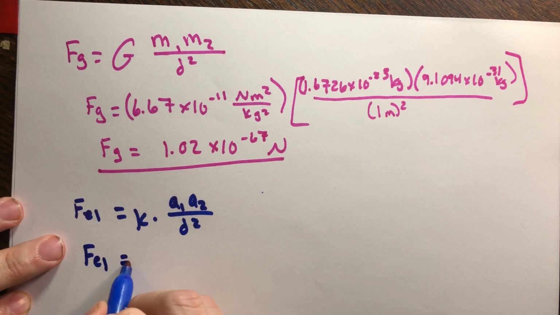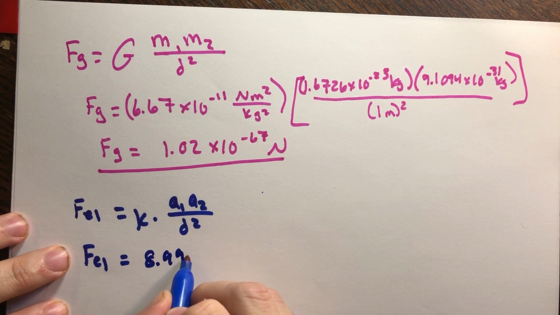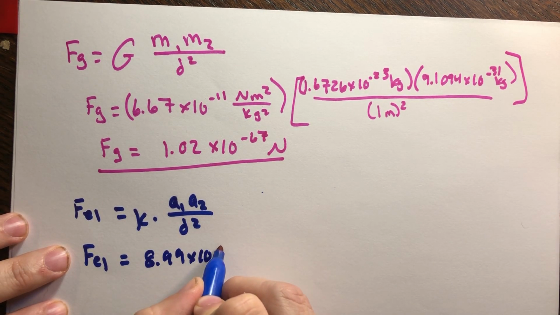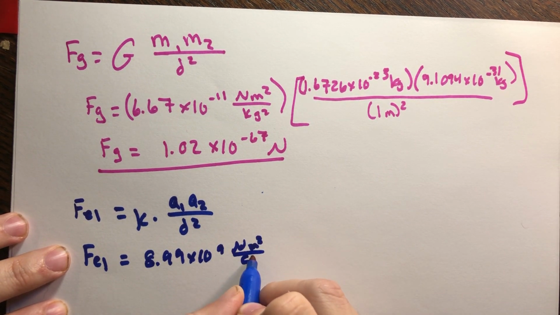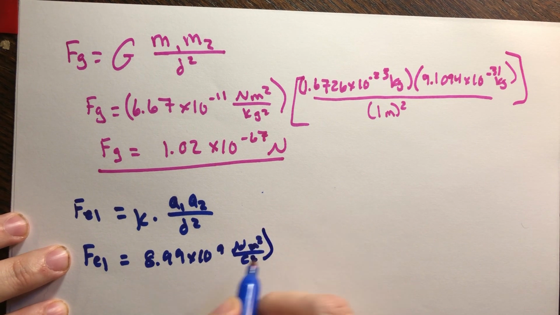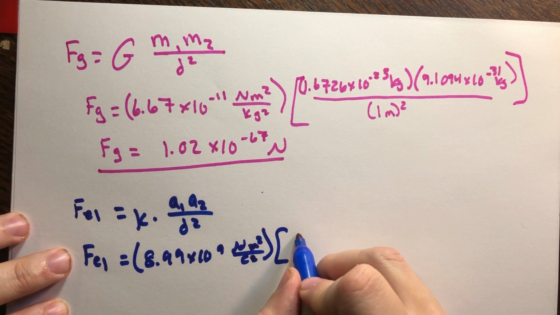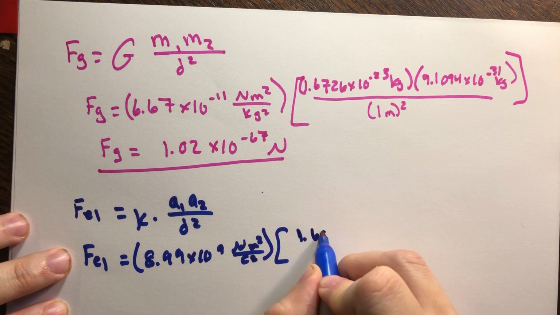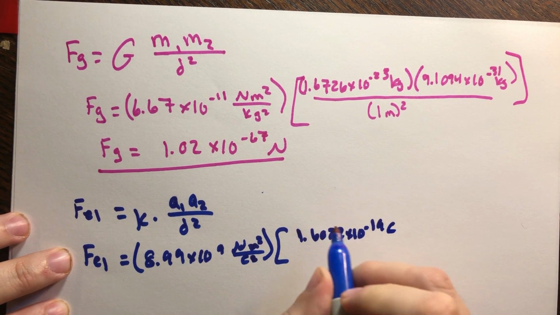If we plug in our numbers, K is 8.99 times 10 to the 9th newton meters squared per coulomb squared. And then we do the charges. The charge is 1.6022 times 10 to the negative 19 coulombs.